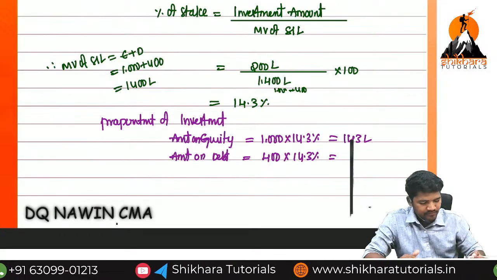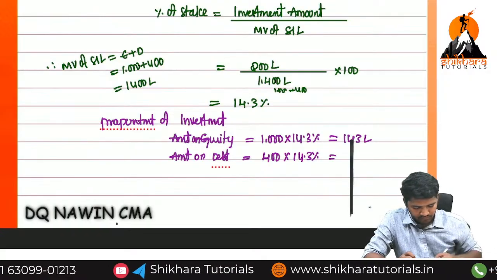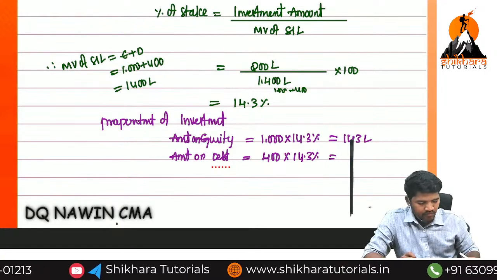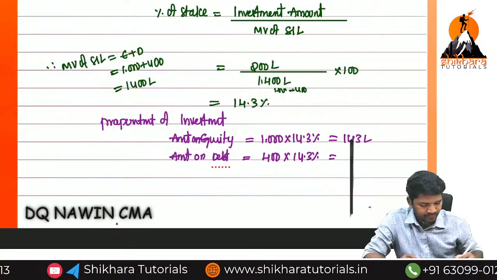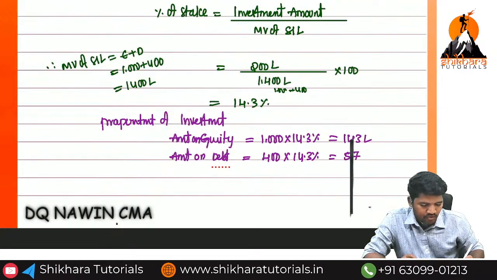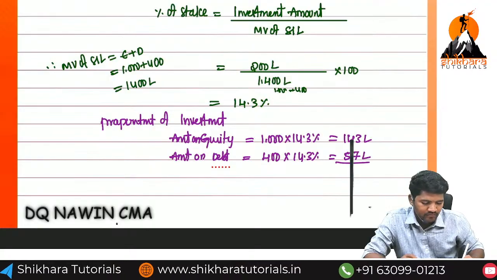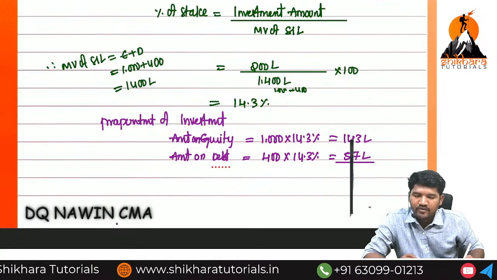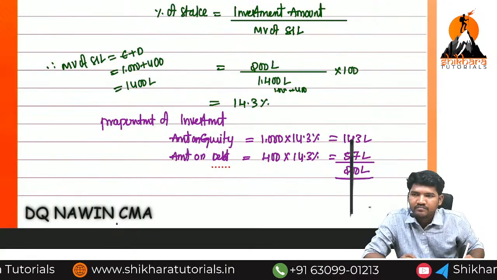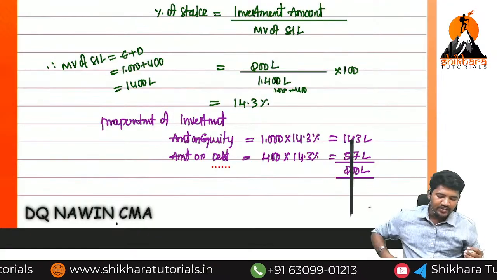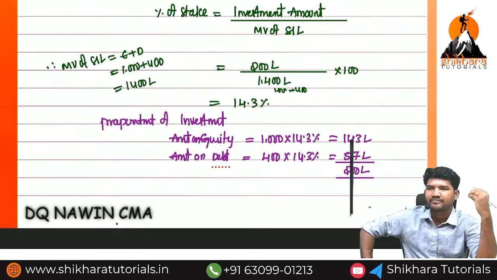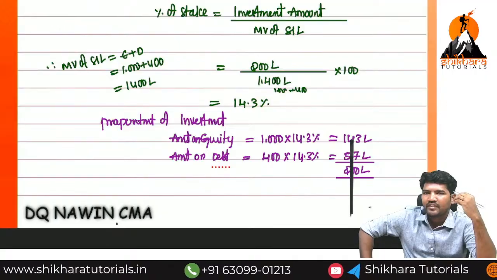Now how much? 400 into 14.3%, 57. So go with the round off. Why? Because 143 is a round off value. Now what is the total amount? Completed. So I invested 143 lakhs in equity, 57 lakhs in debt. That is called proportionment. Guys, clear?